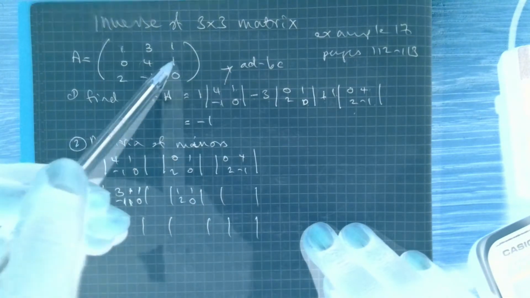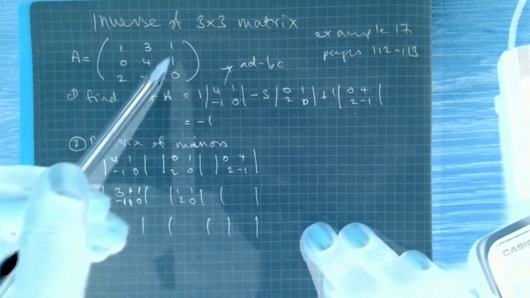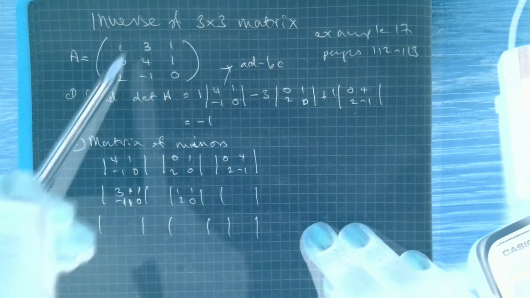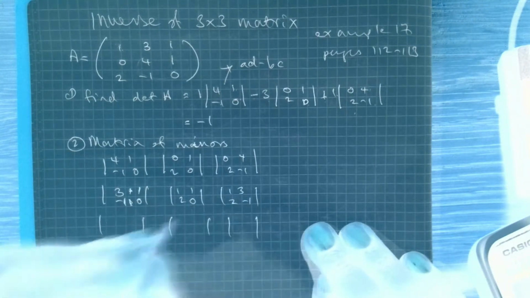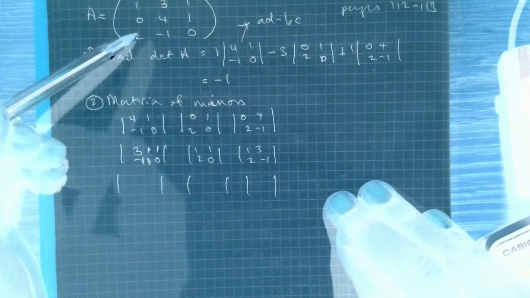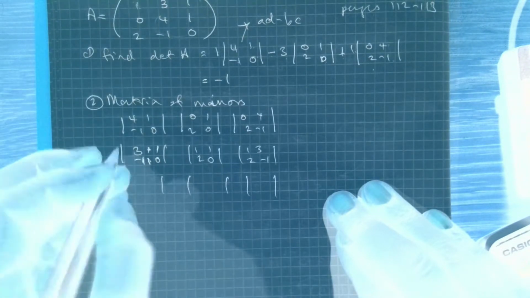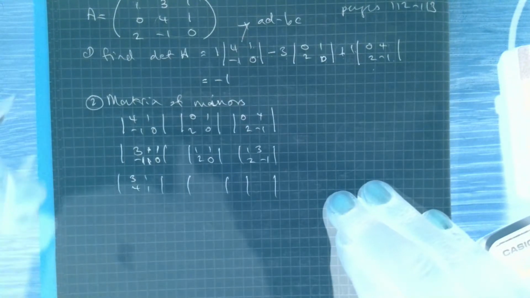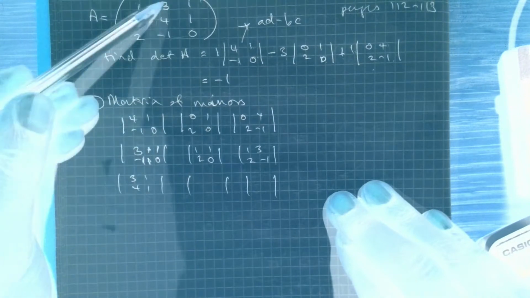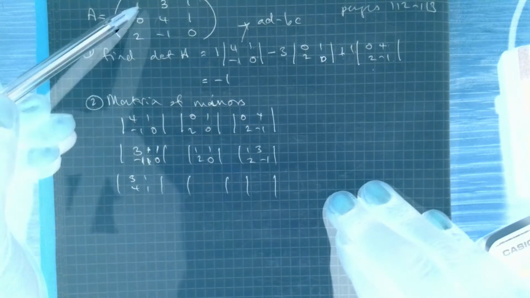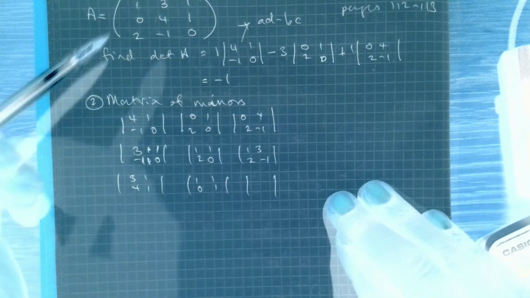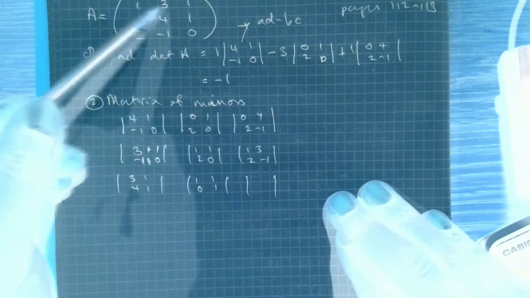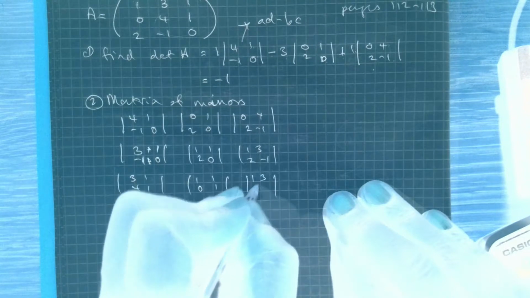The minor of this, ignore those, so 1, 3, 2, minus 1. Then bottom row, 3, 1, 4, 1. This element here, you ignore those, so 1, 0, 1, 1, and then the last one here, ignore those and those, 1, 3, 0, 4.